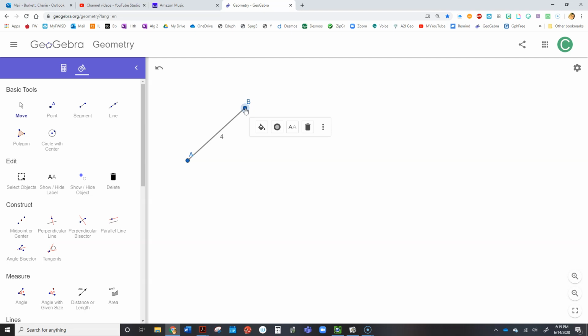Okay, so there's AB, that's 4, and now I need another segment, BC, and they want it to be 6, so let me measure it and see how long it is. Man, it doesn't look 4, does it? Looks longer.